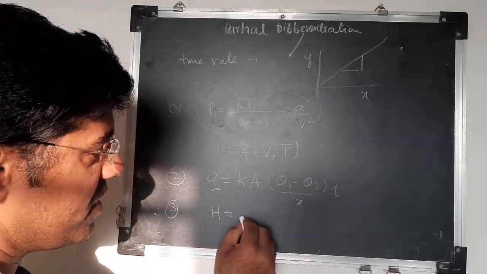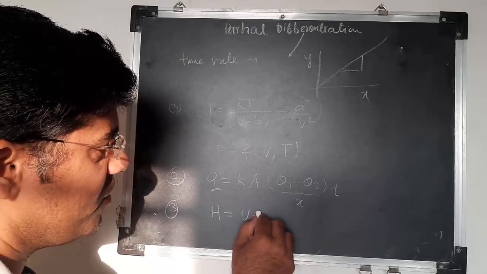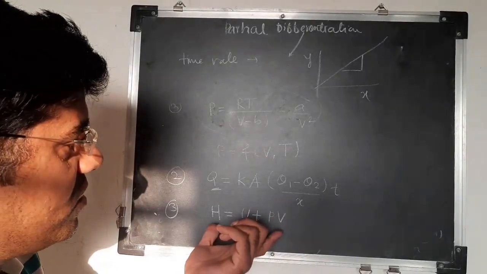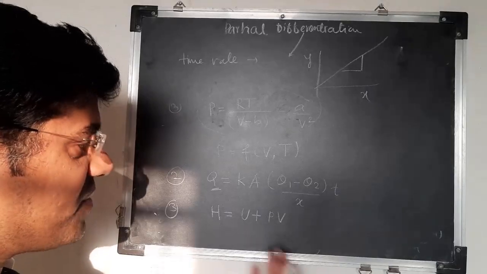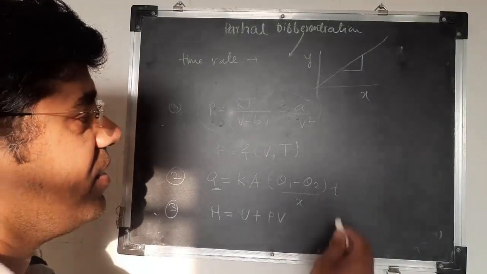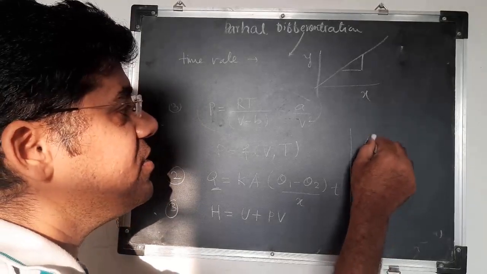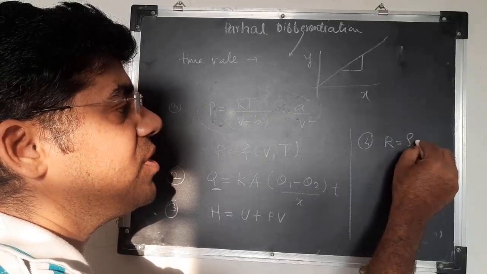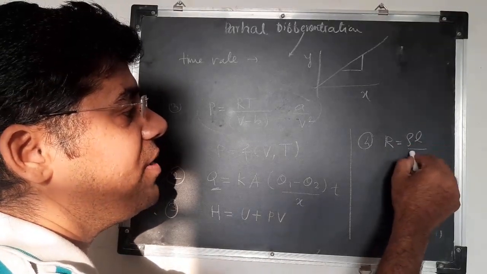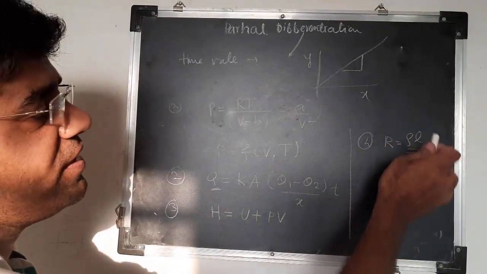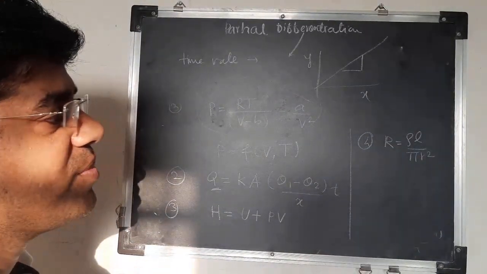Third, H is your enthalpy. Enthalpy is a function of your internal energy and your pressure and volume. So this is the case. Gibbs free energy is there, Helmholtz function is there, okay, and a famous example is the resistance of a wire, which is nothing but rho L by pi r squared. So R is a function of the length of the wire as well as the radius of that particular wire.